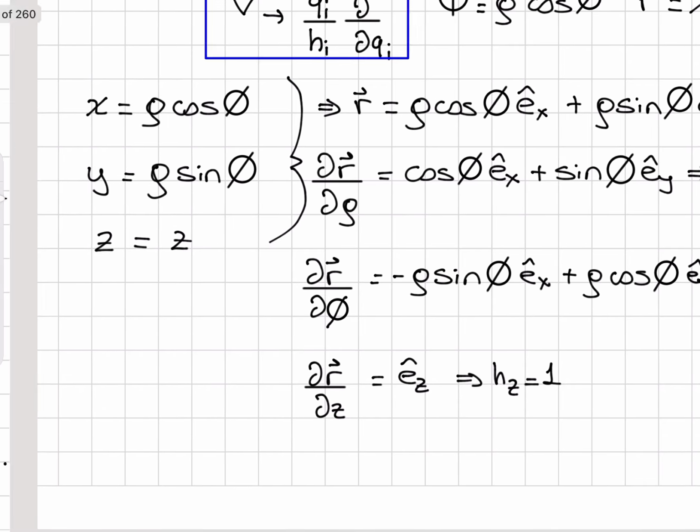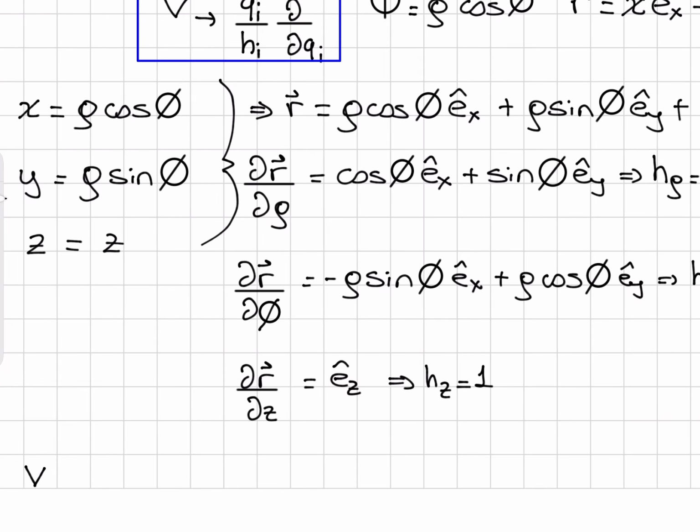Now we're ready to write the gradient of this scalar function, v, which is the gradient of phi.